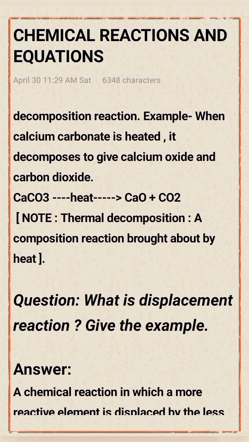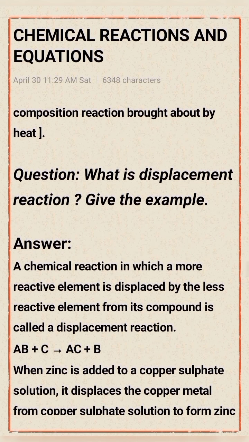Next question, what is a displacement reaction? Give an example. A chemical reaction in which a more reactive element displaces a less reactive element from its compound is called a displacement reaction.